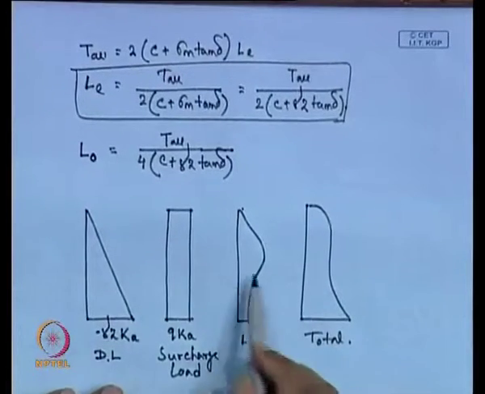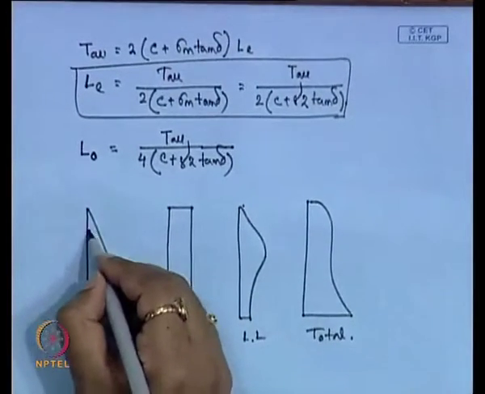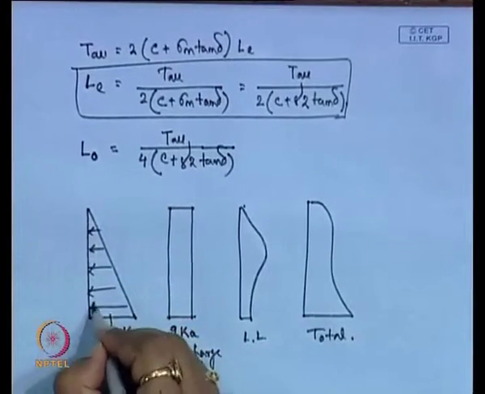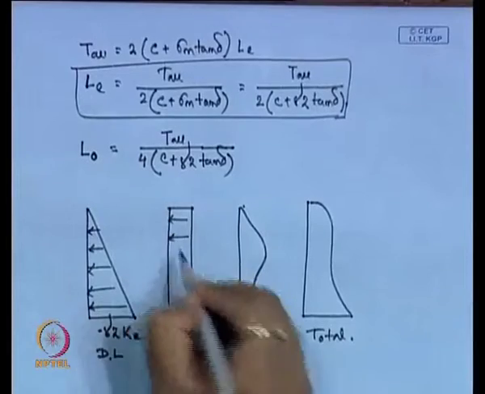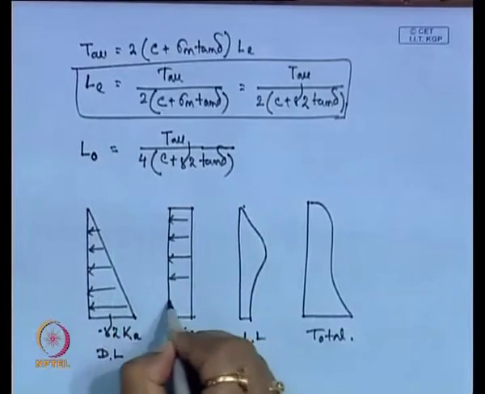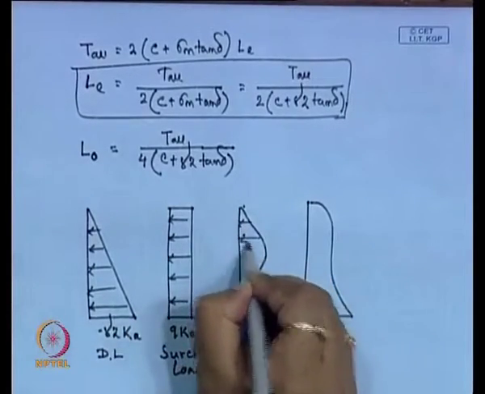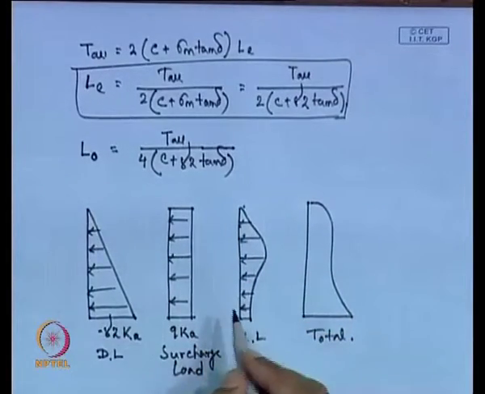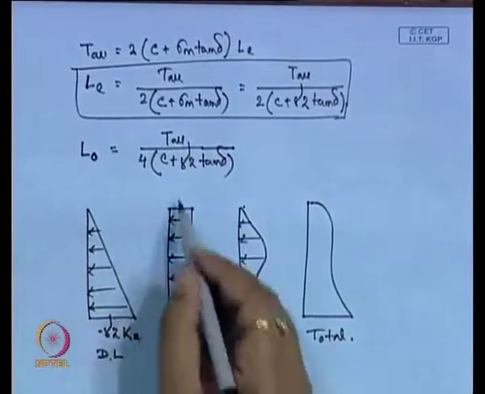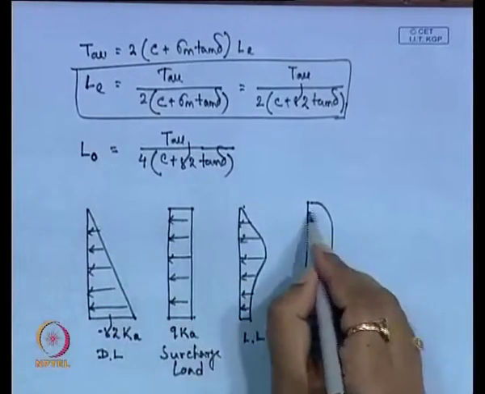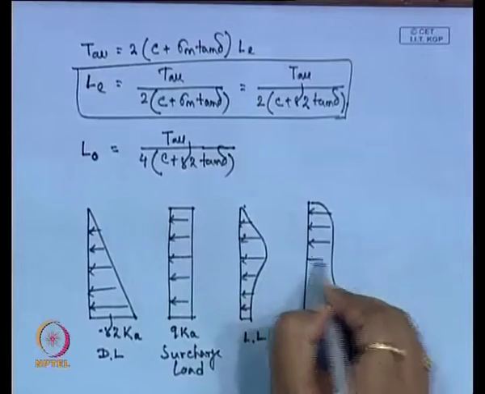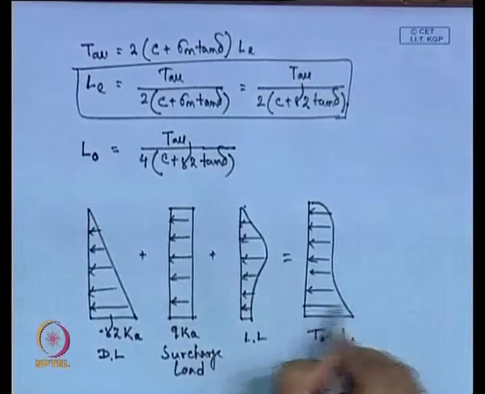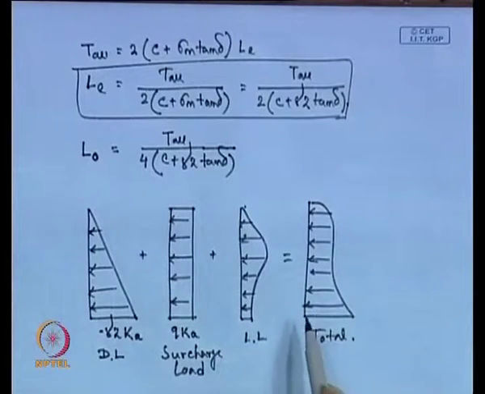So, these three you can consider: one is the dead load, or the load of the reinforced retaining wall itself, this is the surcharge load, and this is the live load. So, these are the lateral pressures we are talking about. This is the lateral pressure due to the dead load, this is the lateral pressure due to surcharge, this is the lateral pressure due to the live load, and this is the combination of these three. So, this is the total lateral pressure which is acting.